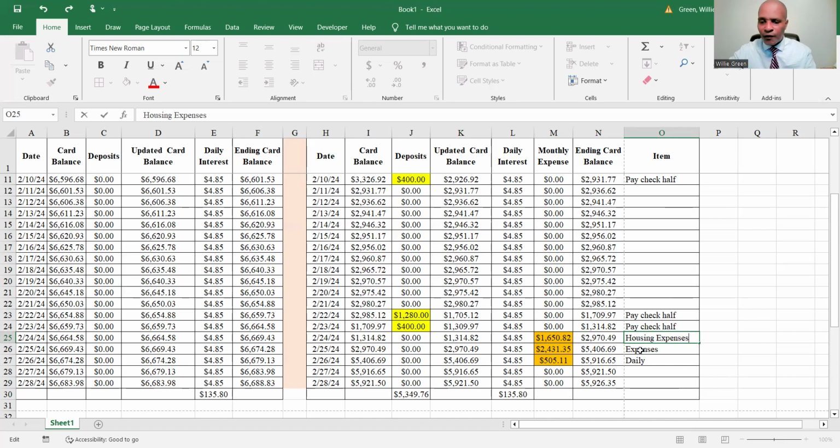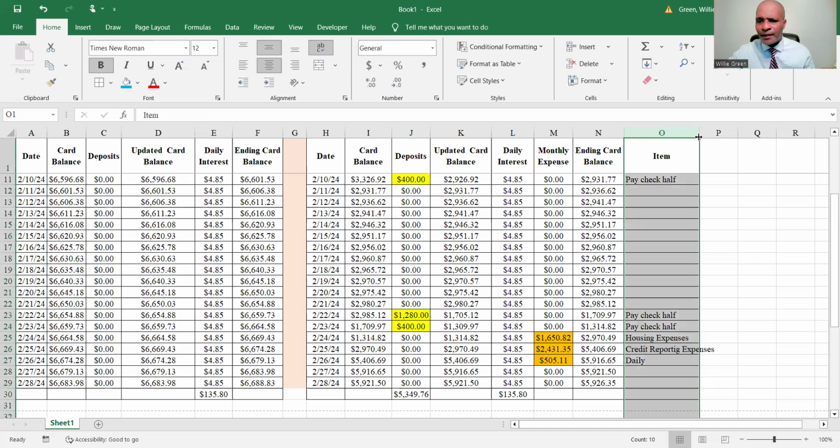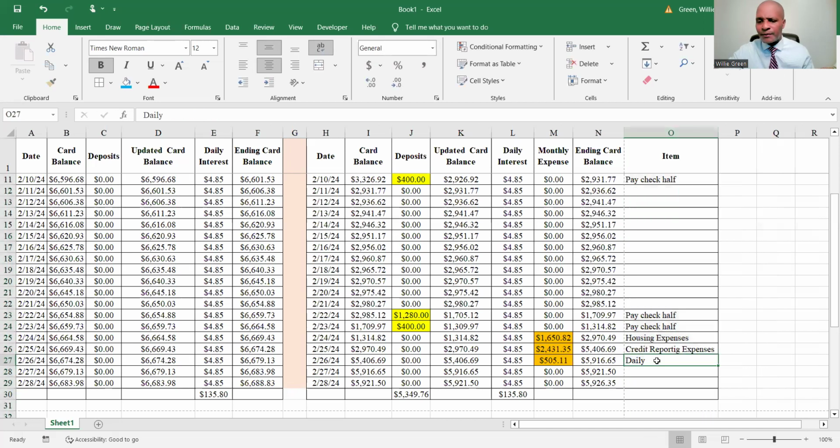So one section is called the housing expenses, and the other section, I think I'm gonna just call it credit reporting expenses, because these are mainly the expenses that are on my credit report, but maybe I'll come up with a better name. And then there's those daily expenses, gas. I may run to the grocery store, may buy a little something to eat. So these are the three major categories.